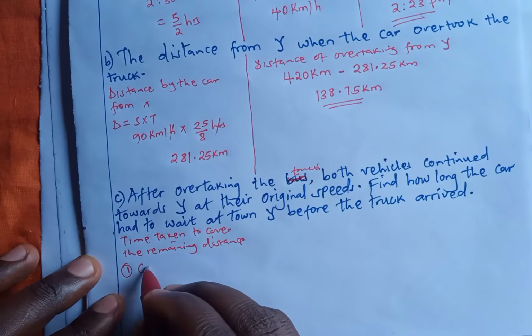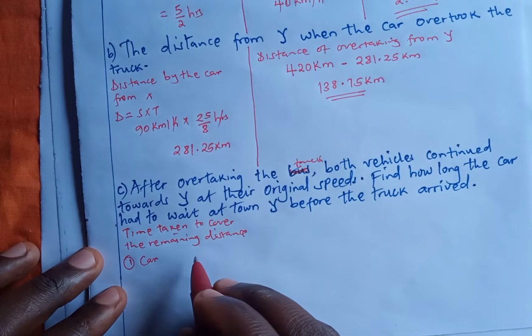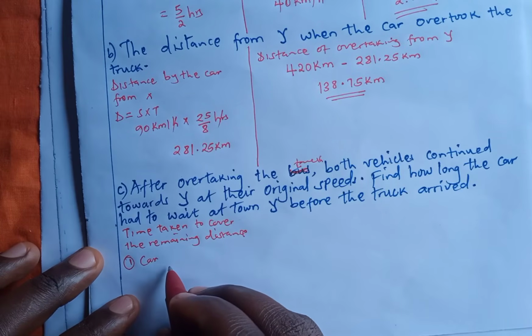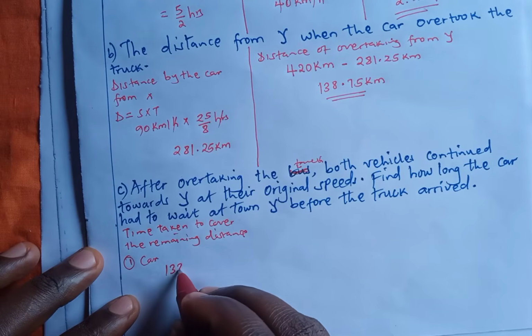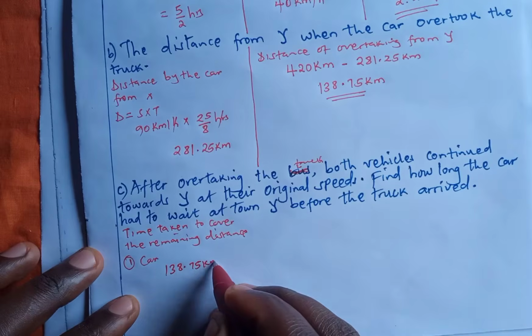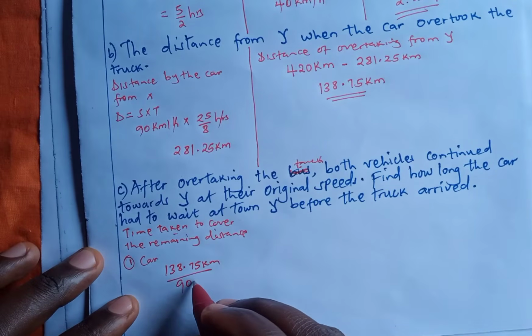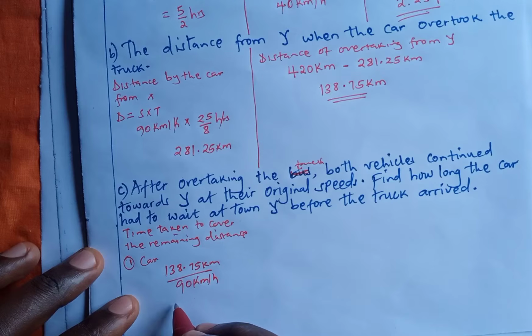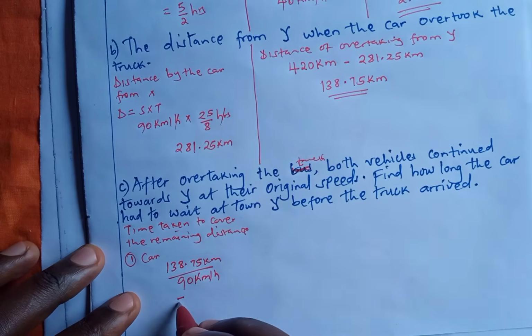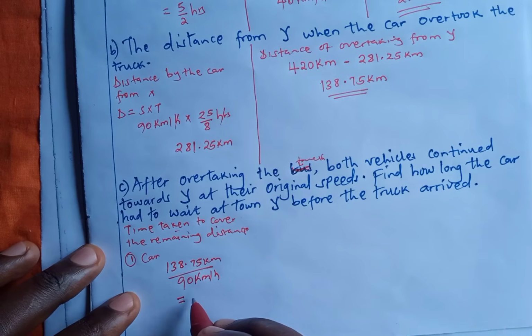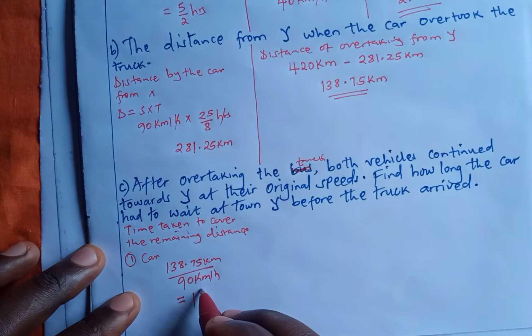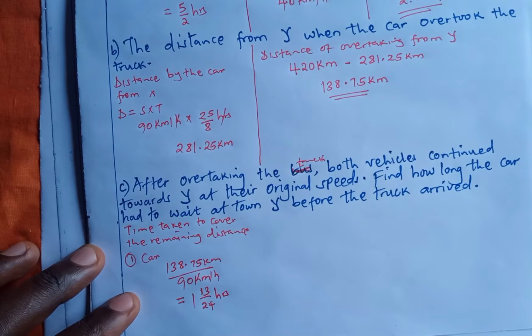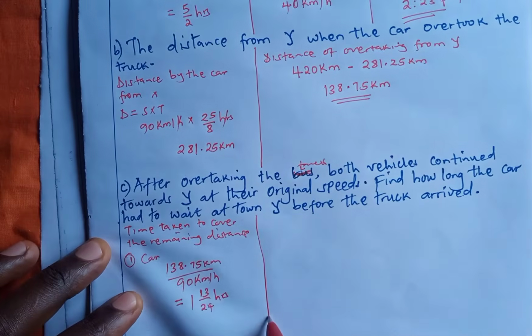We know the average speed of the car is 90 kilometers per hour, and the distance that was remaining is 138.75 kilometers. So we divide this by the average speed of 90 kilometers per hour. This is going to give us 1 13/24 hours. That is the car.